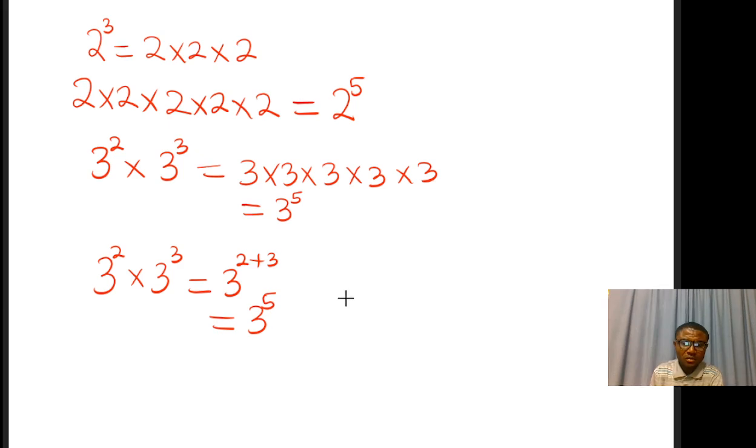So in summary, for rule 1, whenever you have an expression like a to the power of m multiplied by a to the power of n, as far as the bases are the same, you should add the powers, and this will give us a to the power of m plus n.